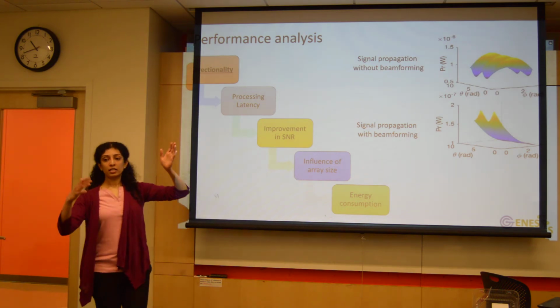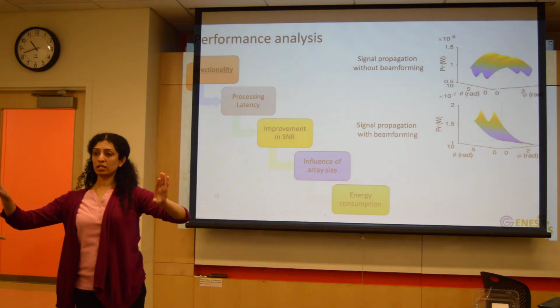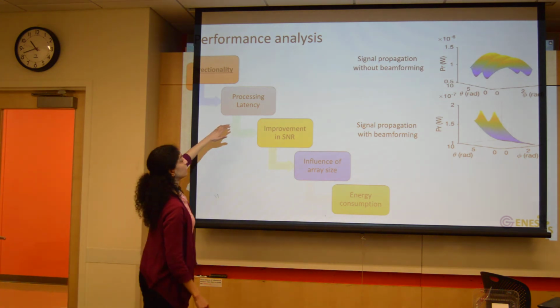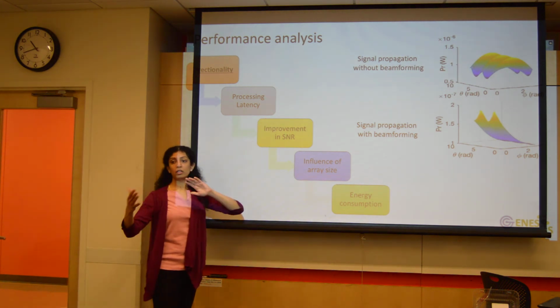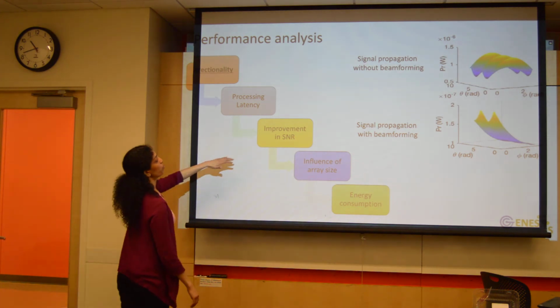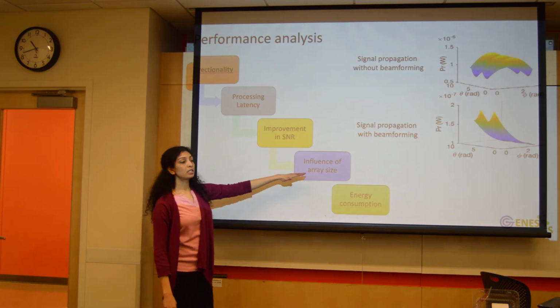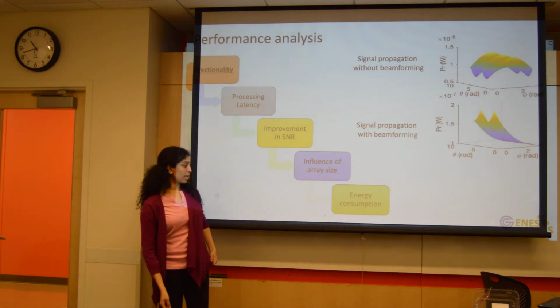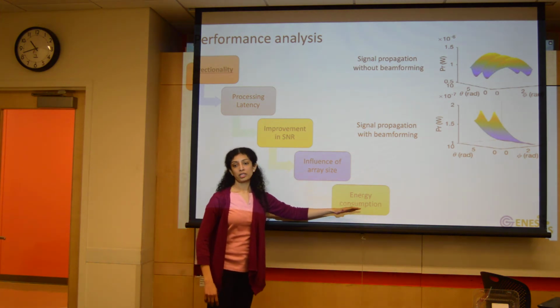How much directionality do we achieve? How much is the signal deviation away from the neighbors? And then what is the processing latency? We are having the back and forth communication. Is it worth doing? And then what is the improvement in SNR? And how will the size influence? How many nodes will be ideal for the scenario? And finally, the most important question, energy consumption.